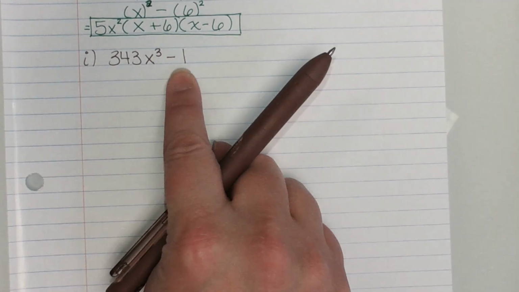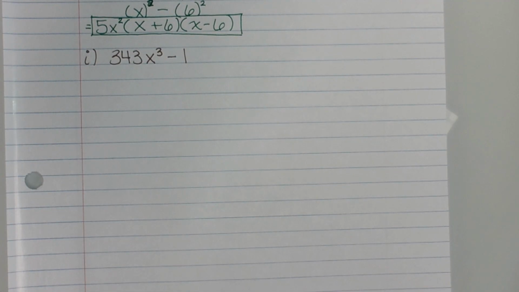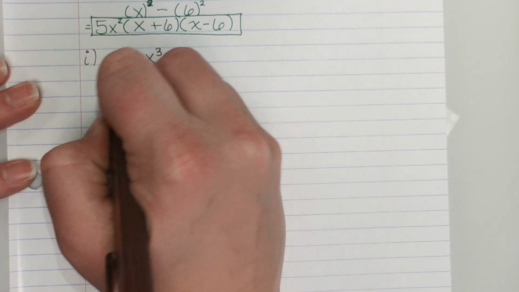Perfect. If this is just a number 1, what's going to divide off of everything? 1. We check it. But it's got to be 1 here, so we move on. Okay. Shay, is this looking like a sum or a difference of cubes or a sum or a difference of squares? Looks like a difference of cubes because I see x cubed.